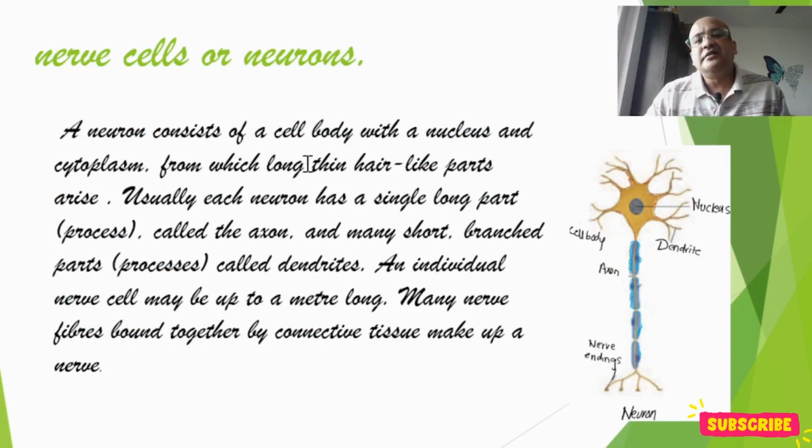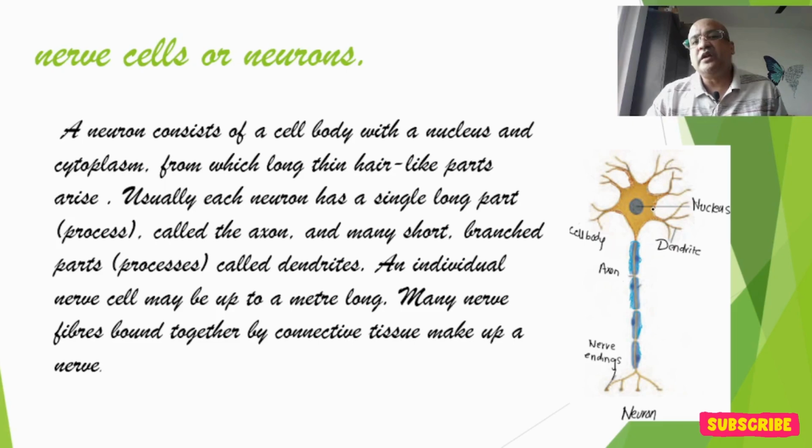Here you will see that a neuron consists of a cell body with a nucleus and a cytoplasm, from which long thin hair-like parts arise.